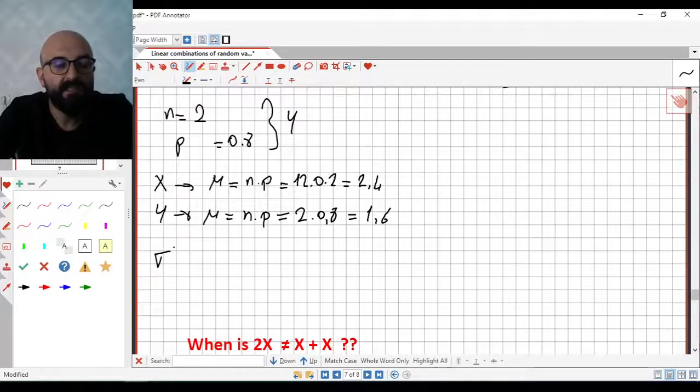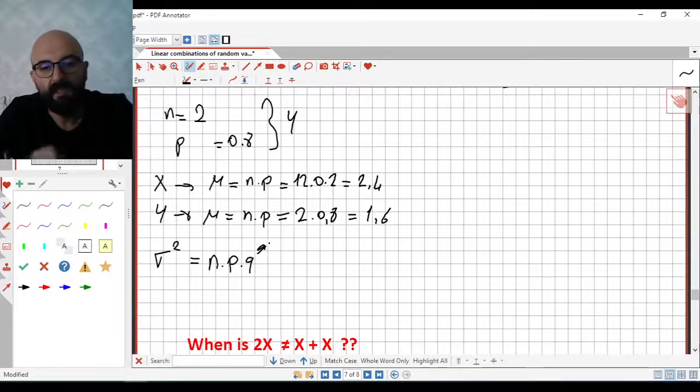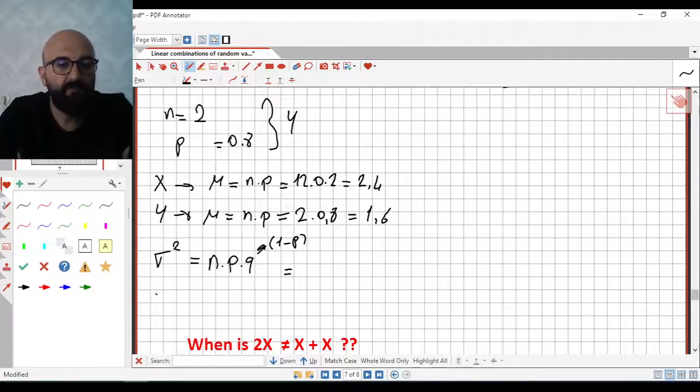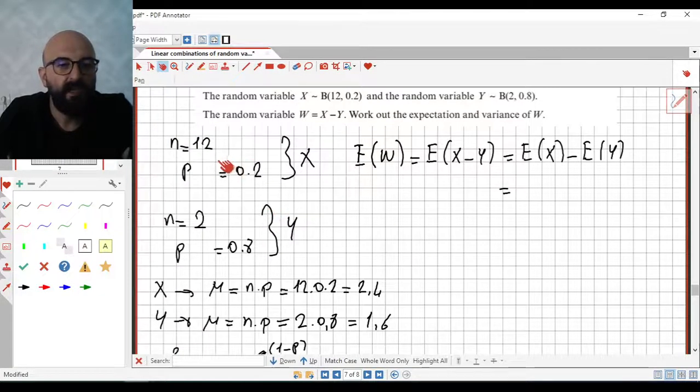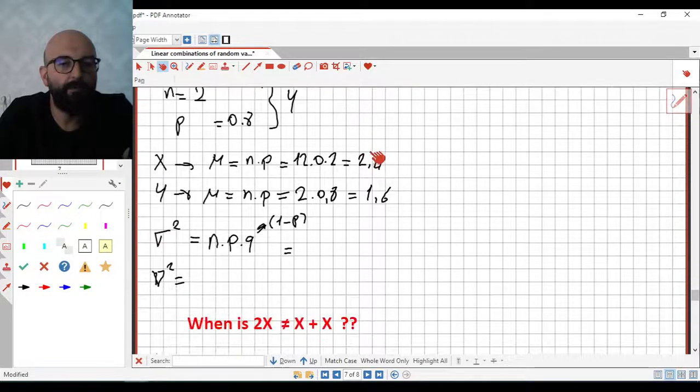And for variance, as you remember in the binomial distribution, the variance sigma square means n multiply p multiply q, and q means 1 minus p. So for x our variance is 12 multiplied by 0.2 multiplied by 0.8.